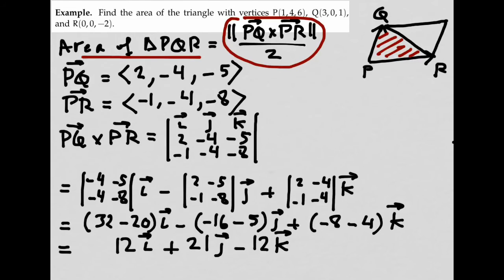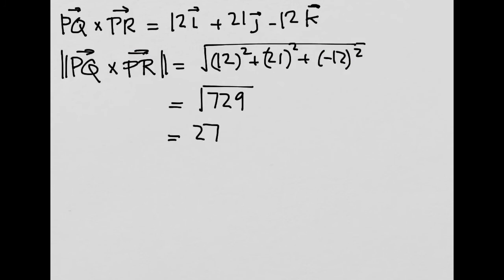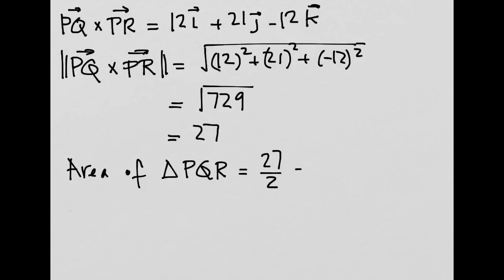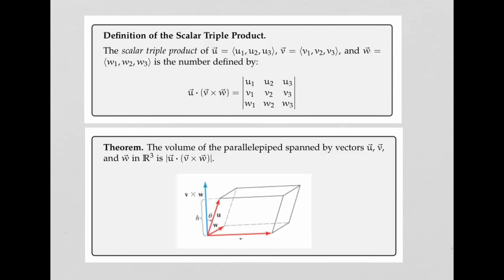The area of triangle PQR is the magnitude of PQ cross PR divided by 2. So, the area of triangle PQR is 27 divided by 2, which is 13.5.